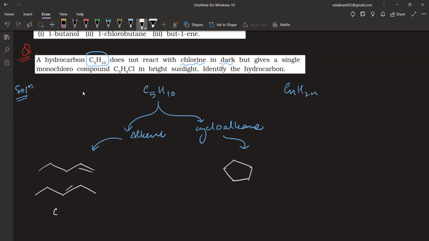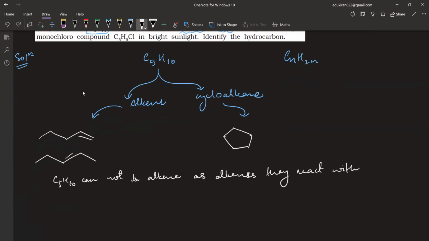We will say that C5H10 cannot be alkene, as alkenes react with halogen, X2, and form vicinal dihalide.